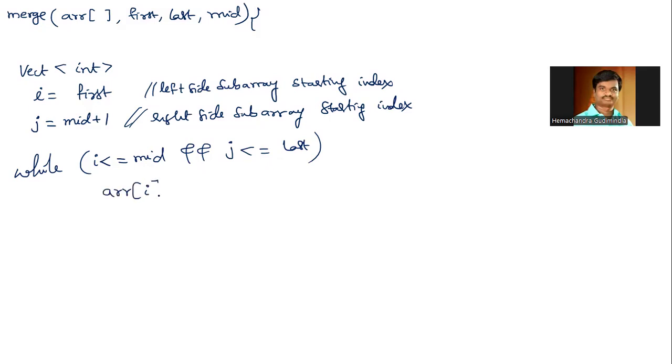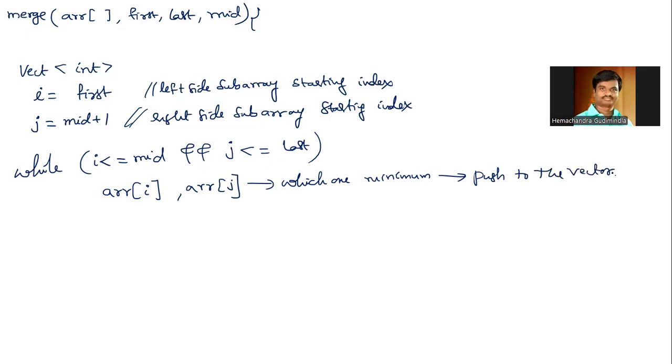Array of I, we are going to compare with array of J, and whichever one is minimum, that we are going to push to the vector. Either array of I is minimum or array of J. Which one is minimum, that we are going to push into the vector.